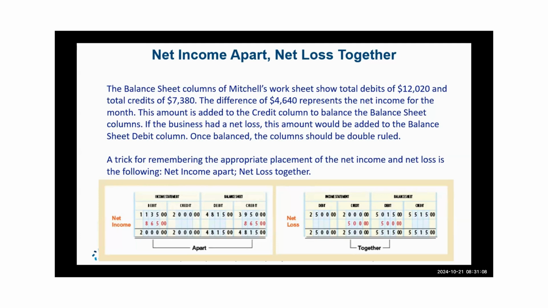So the amount is added to the credit column to balance the balance sheet. If the business had a net loss, then we would put that in the debit column. So once we make this entry, then everything will balance out, okay? If it is a net income, we put them apart. If it is a net loss, we put them together, so they will balance out.